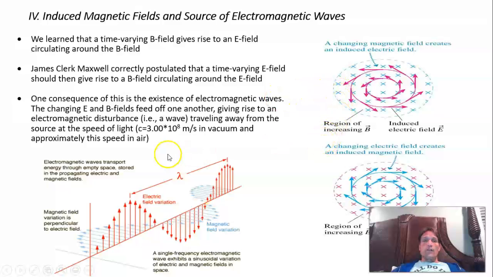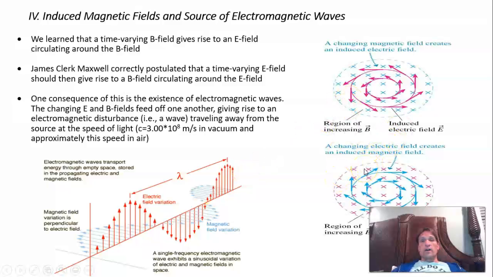Okay? And what these waves are is, you start off, and if you have a changing electric field, that produces a changing magnetic field, and a changing magnetic field then produces a changing electric field. Changing electric produces changing magnetic, and these two continue to feed off each other as they propagate away from the source, and this gives rise to electromagnetic waves.